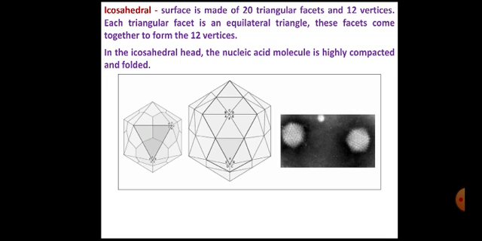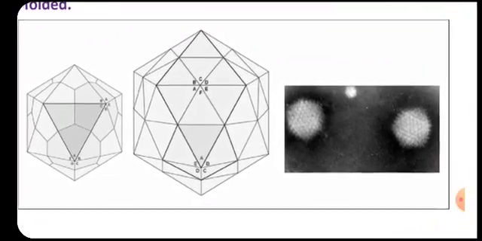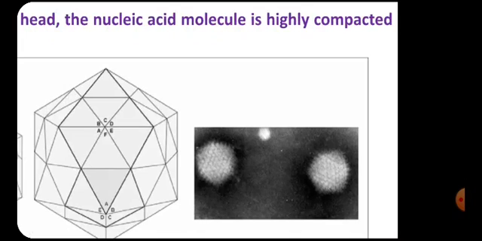Vertices means the corners. Each triangular facet is an equilateral triangle. These facets come together to form 12 vertices. In the icosahedral head, the nucleic acid molecule is highly compacted and folded. On the right side figure you can see the electron micrograph.